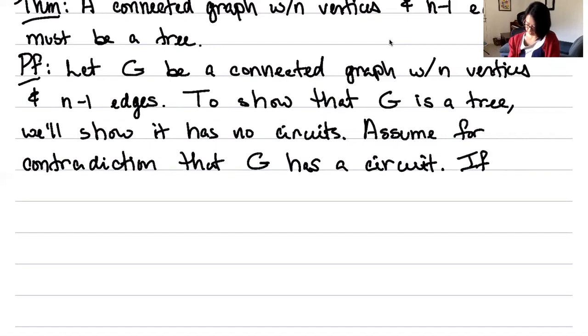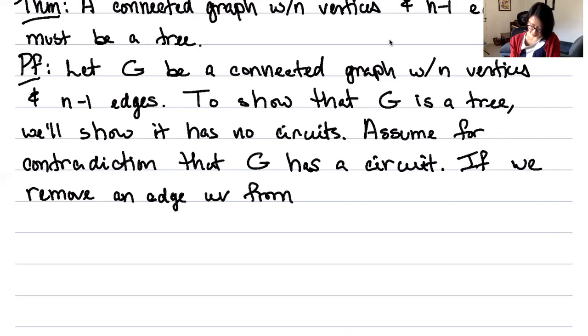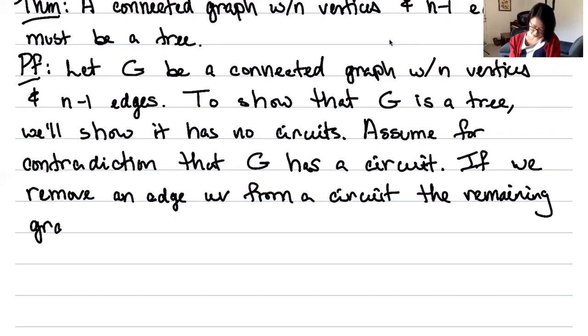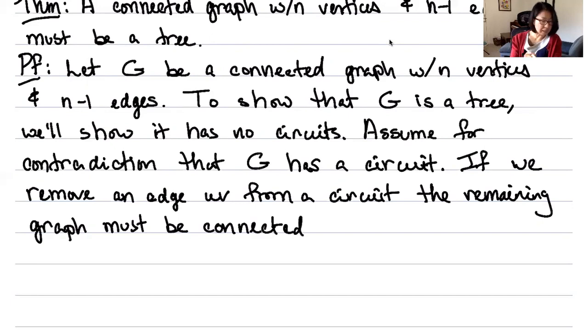So if we remove an edge UV from a circuit, the remaining graph must be connected.